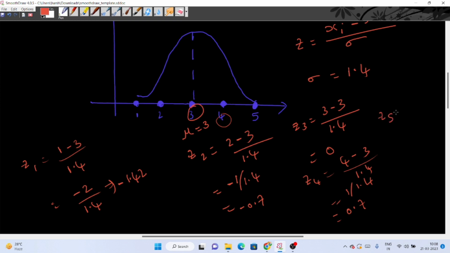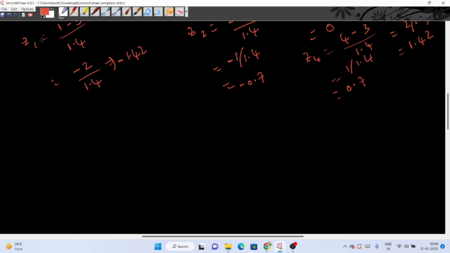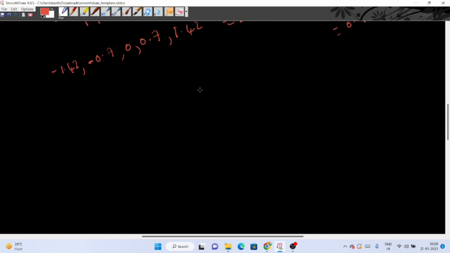And z 5 is going to be 5 minus 3 by 1.4, which is 2 by 1.4, which is going to be 1.42. So after calculating the z-scores, we got minus 1.42, minus 0.7, 0, 0.7 and 1.42.